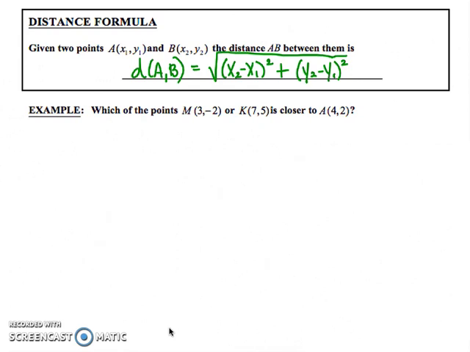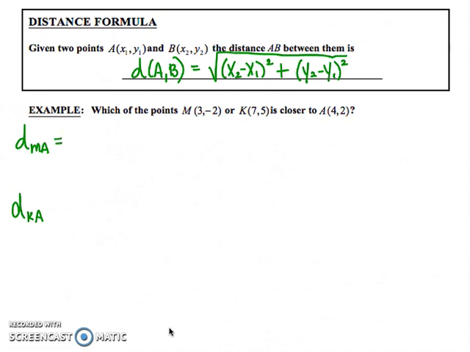So to use the distance formula, we can solve the next example. It says, which of the points M or K is closer to A? Well, we can answer that question by finding the distance from M to A and finding the distance from K to A and seeing which one is shorter.